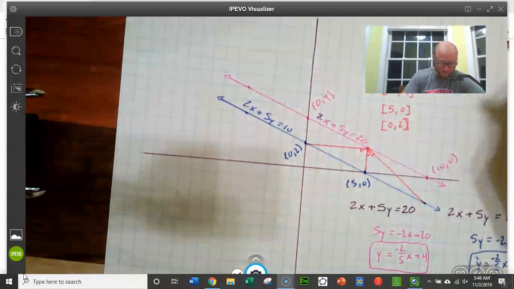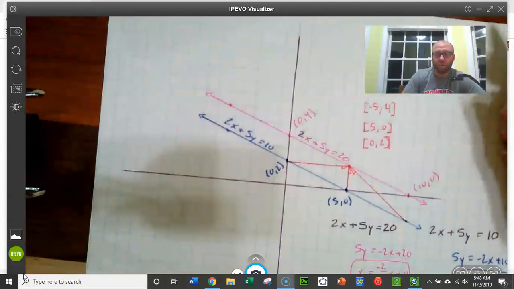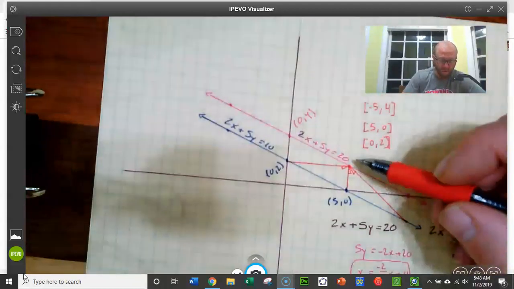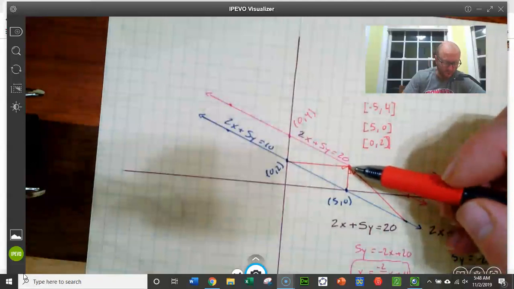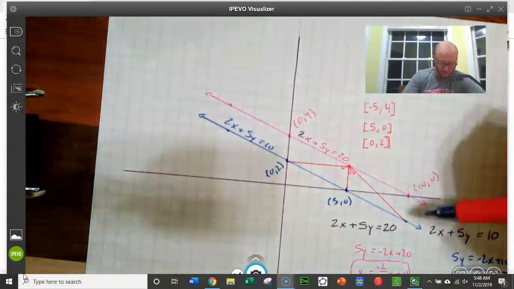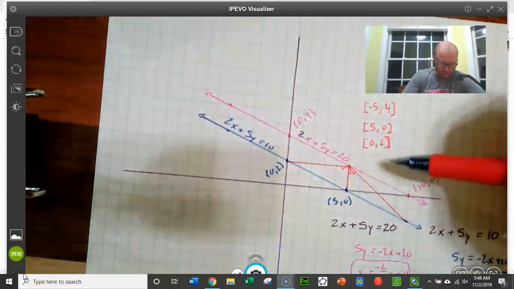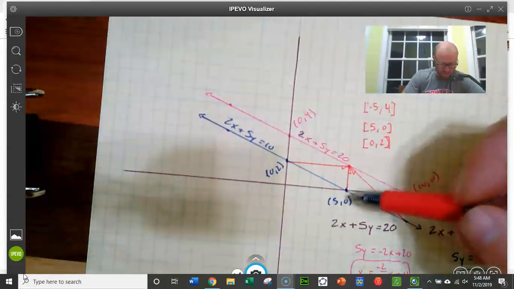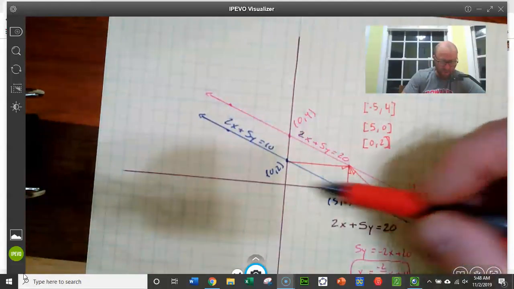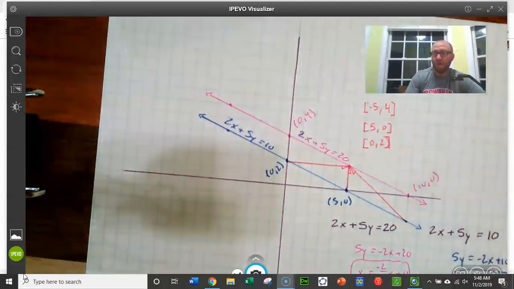And that would work as well. So I could go back 5, up 4. This point goes back 5, up 4, back 5, up 4. That would work as well. So there's lots of different options.